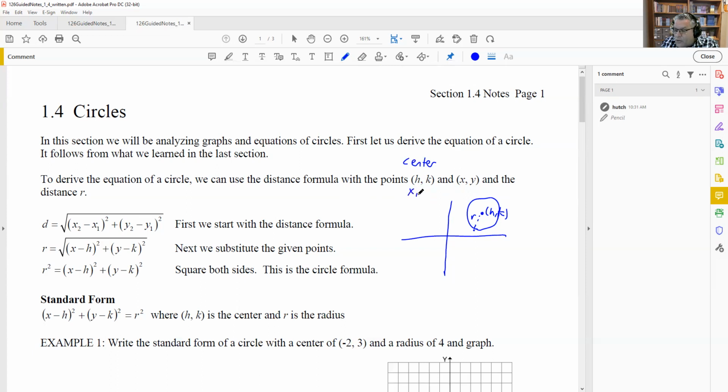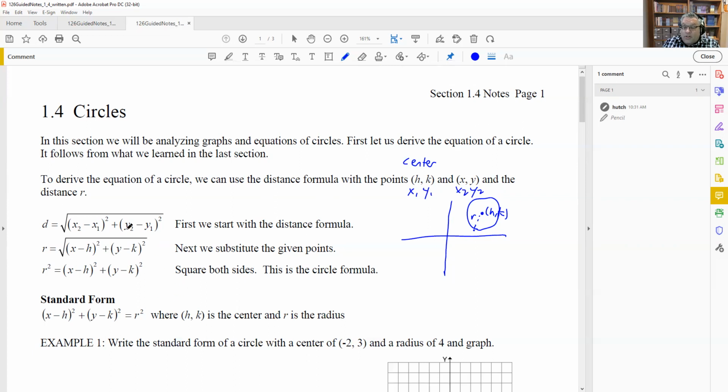I did X1, Y1, X2, Y2. Yeah, now that'll make more sense. If I label these as X1, Y1, and X2, Y2 and plug them into the formula, X2 minus X1 would be the difference in the x's. So X2 is X minus the X1, which is H. And then I have Y2 minus Y1, so I have the Y minus the K that I have here.